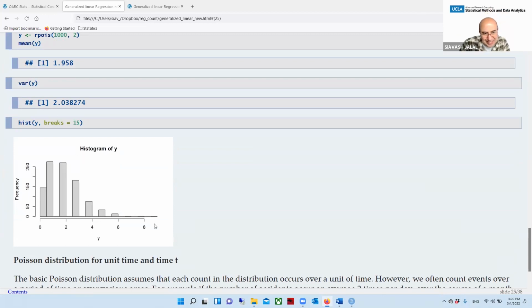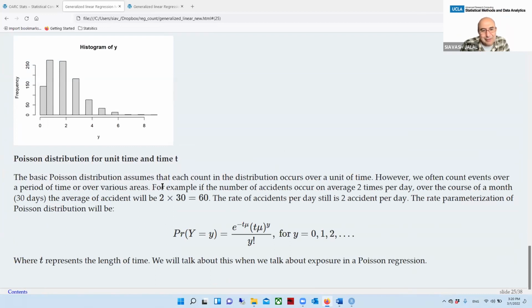So I can do the histogram. The histogram is very similar to the distribution function that we did. This is coming from a sample, whereas before it was the actual one. And there is another thing in Poisson. As I said about the rate, sometimes you collect the data not per day, but per 2 days, right?